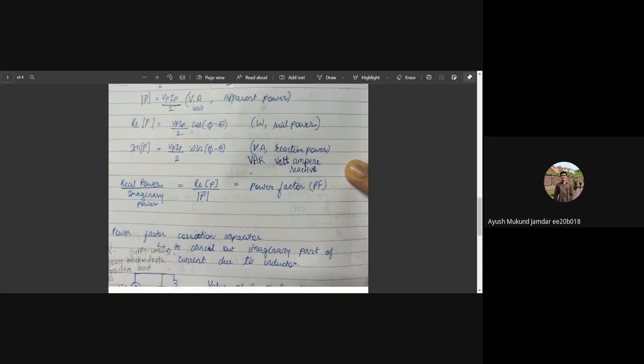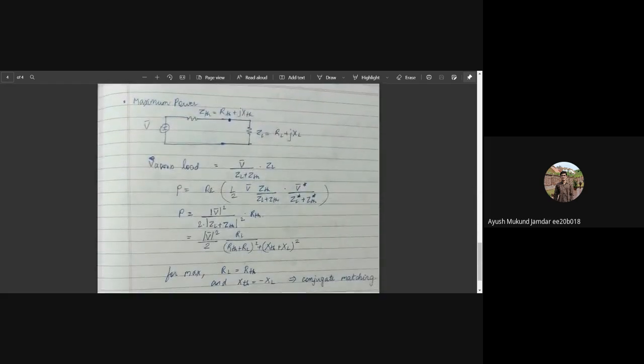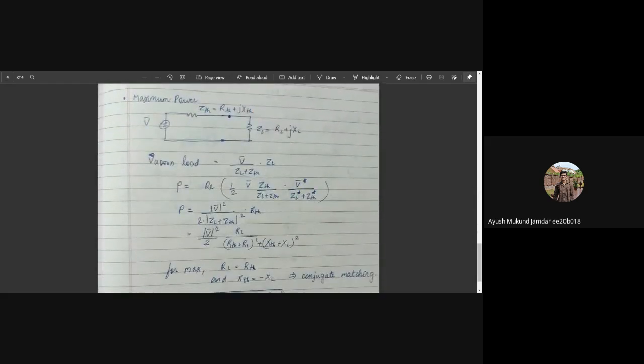Okay, so coming back to the maximum power theorem that we discussed for DC and resistors, in a complex case, what happens is let's say we have V bar as the voltage phasor, the Thevenin impedance, that is RTH plus jXTH, and a load, that is RL plus jXL.